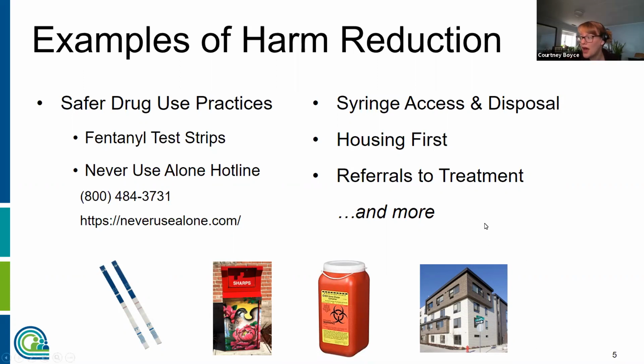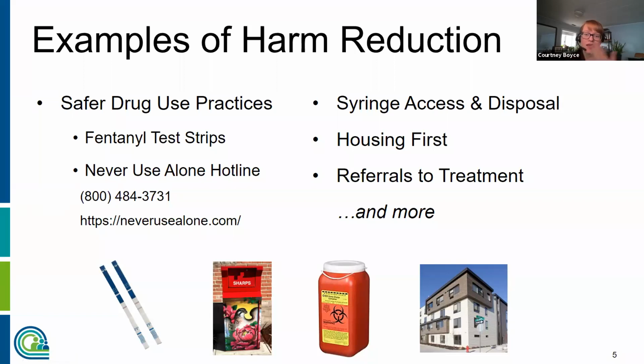So this is New Path Housing Project, which is Idaho's first Housing First project. They provide a whole spectrum of different services throughout our community and have been highly successful, with data that I can share with you if you're interested, in reducing the harms associated with chronic homelessness, substance use, and mental health conditions. And it also includes referrals to treatment.